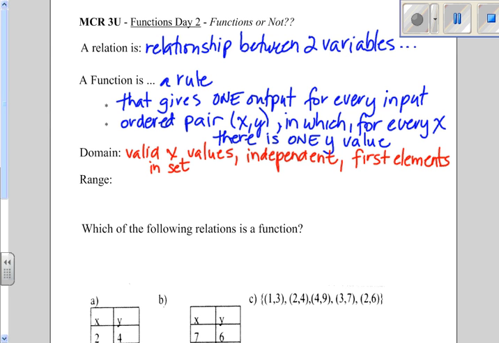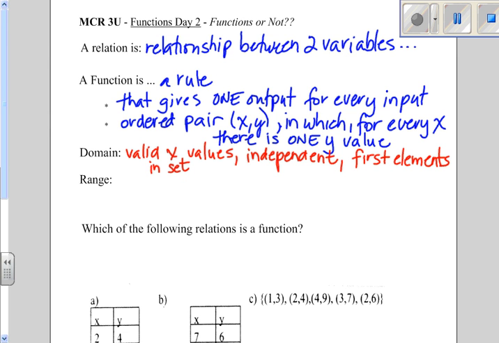So for our height example, your domain would be the time. The valid time would not include negative time values. That doesn't make sense when you're talking about time. So the domain would be time that's positive.